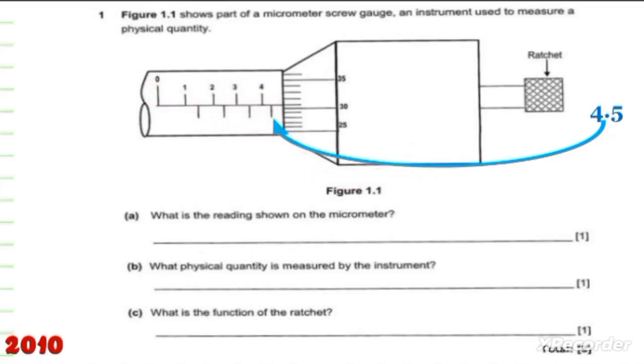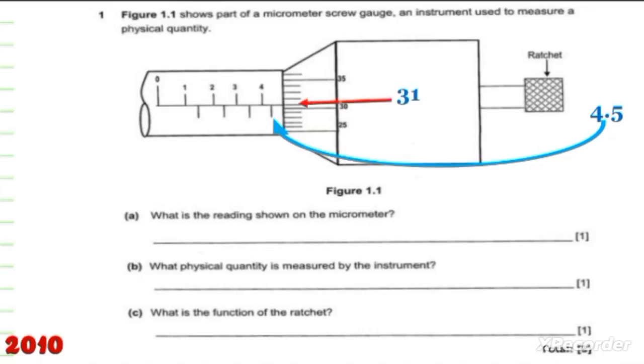So let us also identify a mark on the sleeve scale. So a mark on the sleeve scale is 31. Here we have 30 and here we have 31. So this is the mark that aligns with the horizontal line coming from the main scale, and this mark is 31.